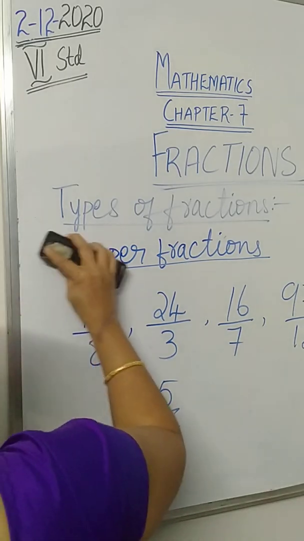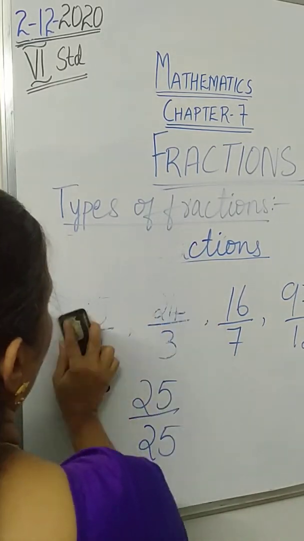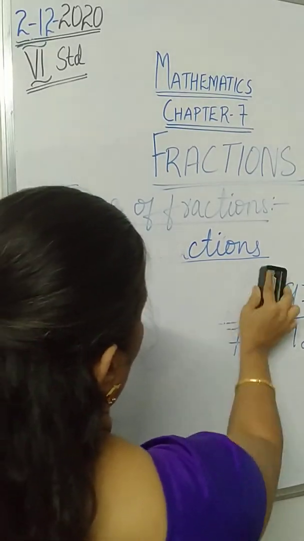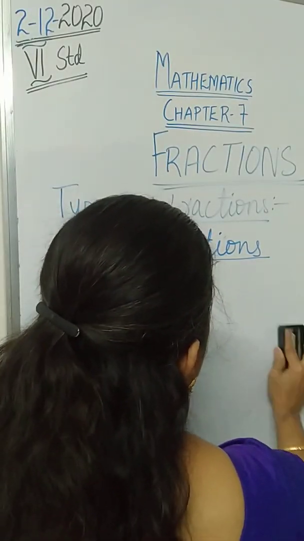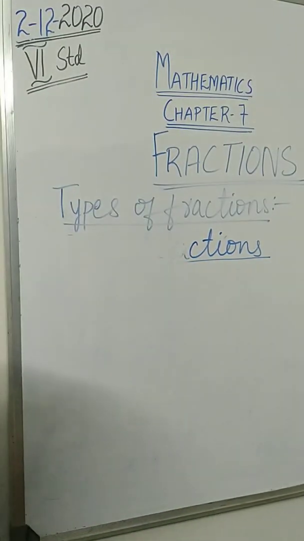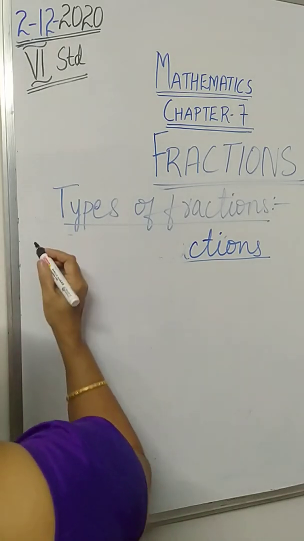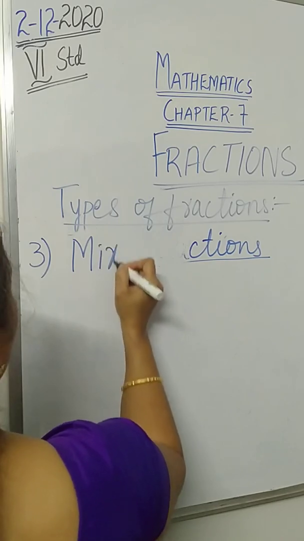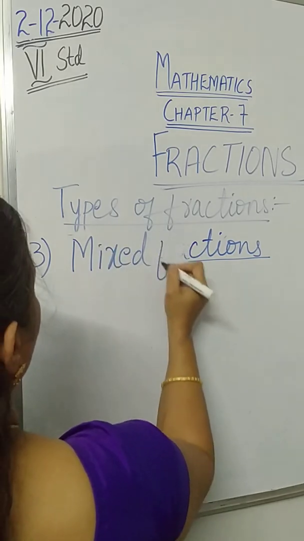Let us see the next type of fraction, that is the third type of fraction. What it is, let us see. We have learnt about proper, improper. Now let us see the next one. The third one, that is mixed fractions. What do you mean by mixed fractions?